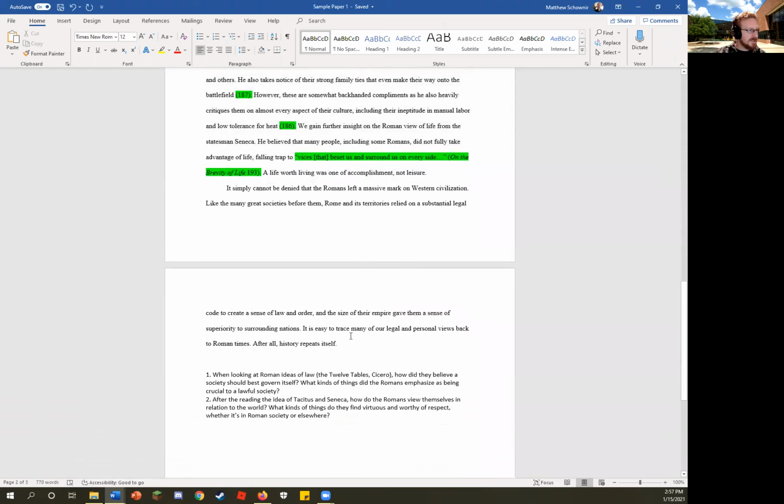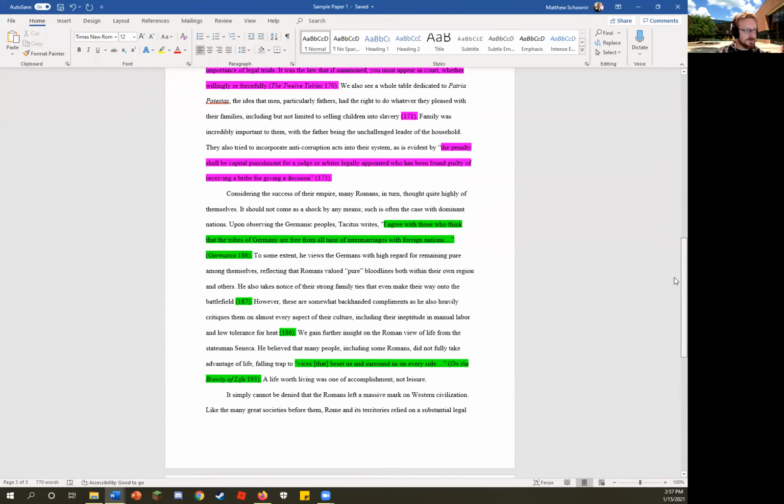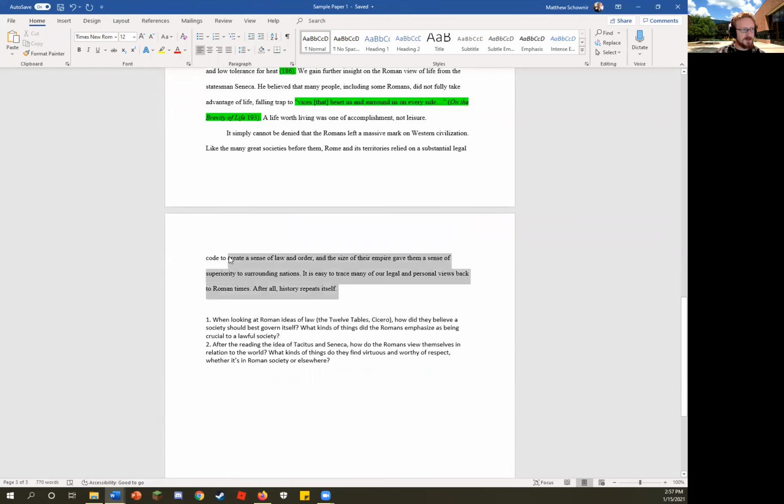And then he caps it off with a concluding paragraph. Again, just a really short one, just a couple of sentences long. So this is a good paper that is 2 full pages, and he spills over into a third, but it's just a sentence or 2. This is an excellent A+ paper, and you are free to look at it on Blackboard, along with another one that I've given you as well.